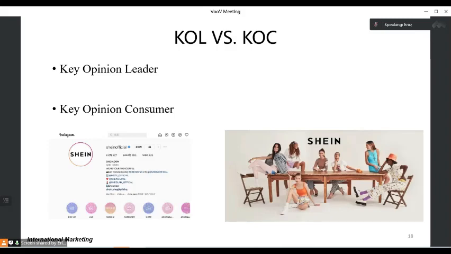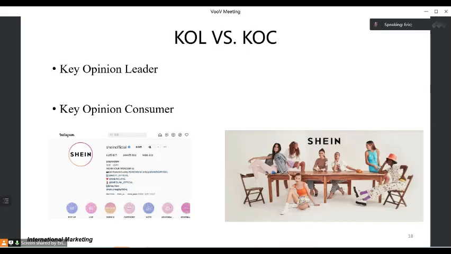So these key opinion consumers are so many, compared to opinion leaders, and they are powerful. You have the power to affect consumer behavior because you share your experience of the product, you have the information about this type of product.